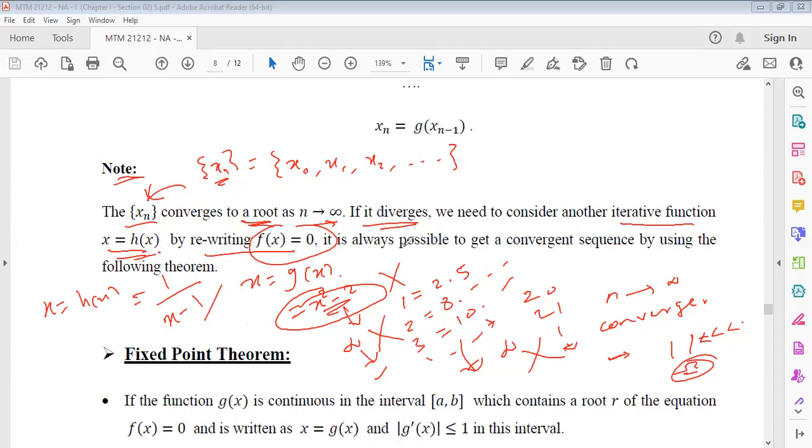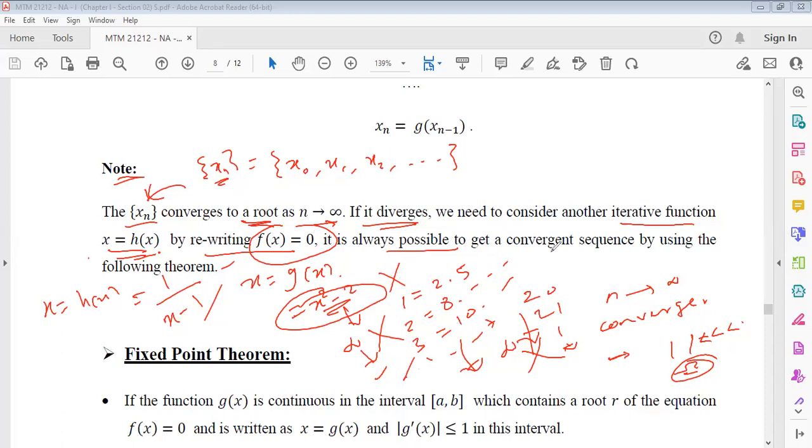It is always possible to get a convergent sequence by using the following theorem. If it is not converging, you have to choose another function x equal to h(x), then rewrite and do the process again. There you can get the answers.